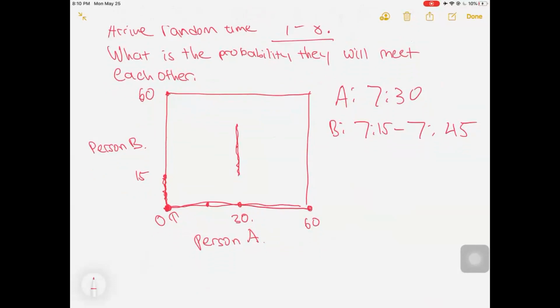If we do this for every point, so for any point x in the x coordinate, we graph the values from y equals x minus 15 to x plus 15.